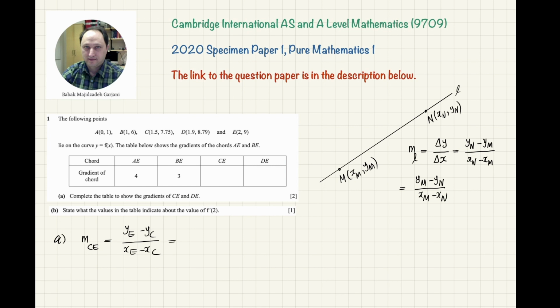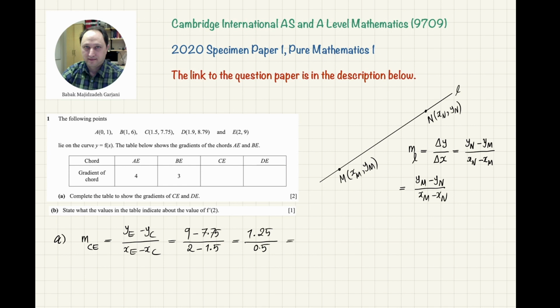But you can see that ye is 9 and yc is 7.75. In the denominator, xe is 2 and xc is 1.5. Okay, 9 minus 7.75 is 1.25 divided by 2 minus 1.5 is 0.5.